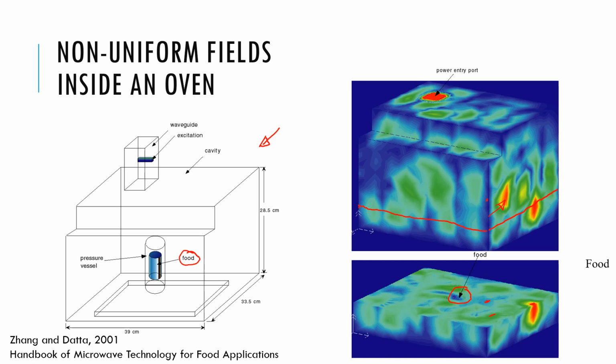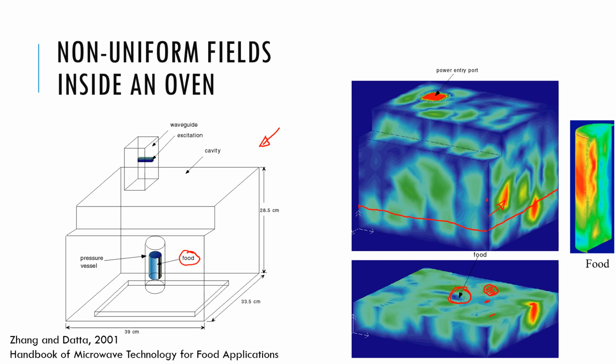If I place the food at any one of these, then it's going to be either heating a lot more or a lot less. You can see that here. So the food in here, for example, heats like that.